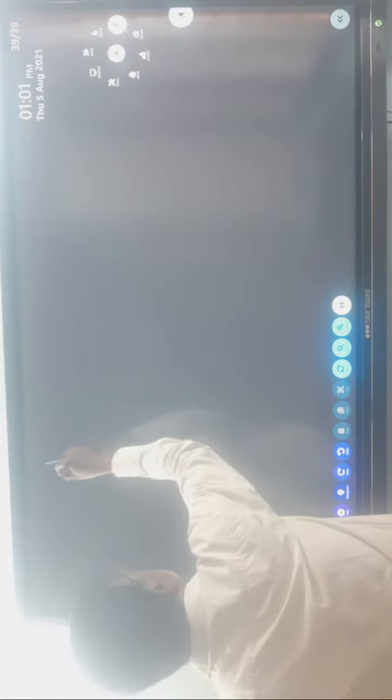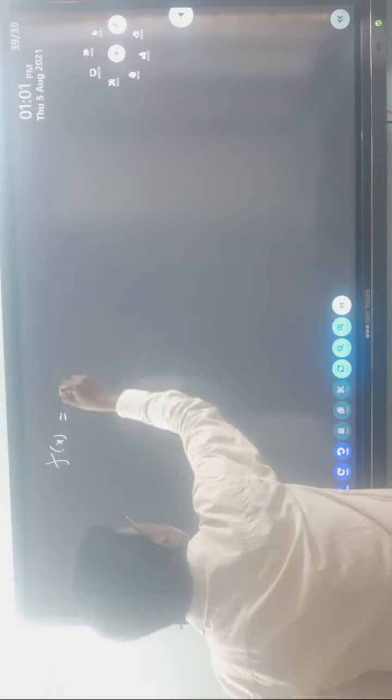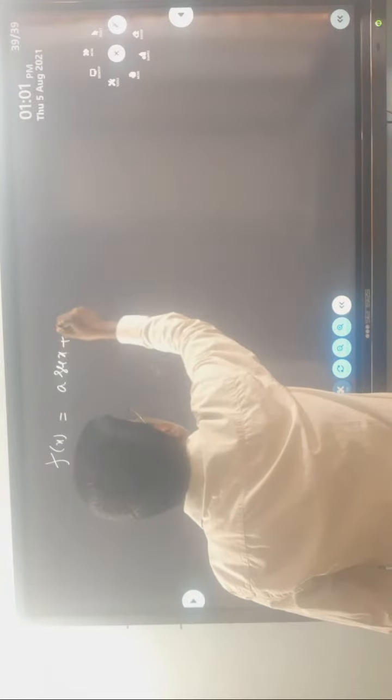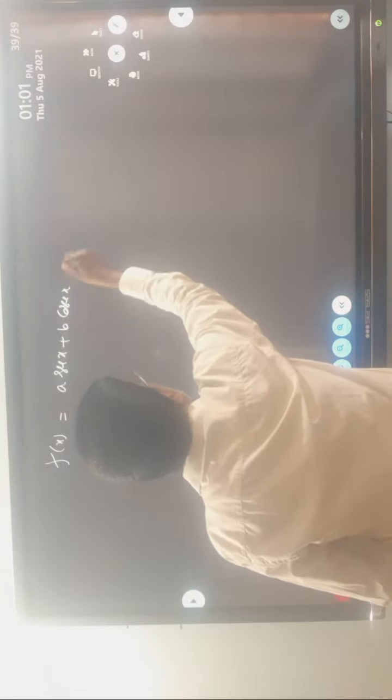f of x is given as a secant x plus b cosecant x. What is its minimum value?